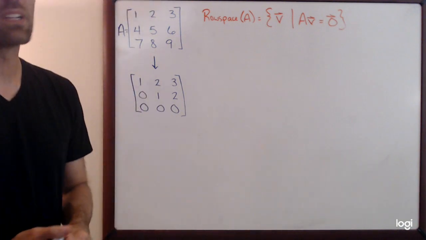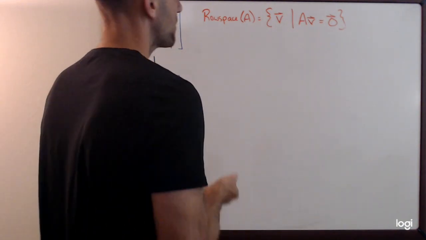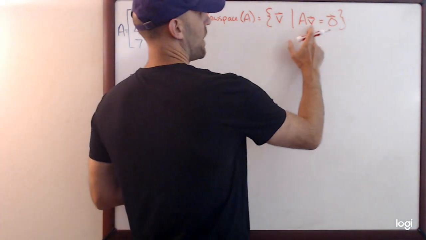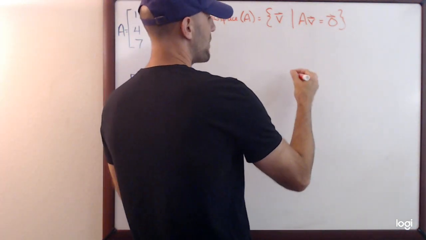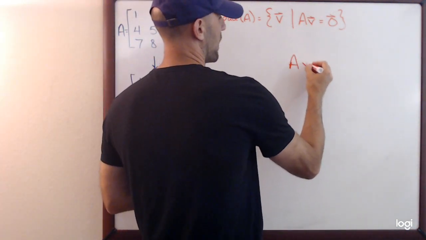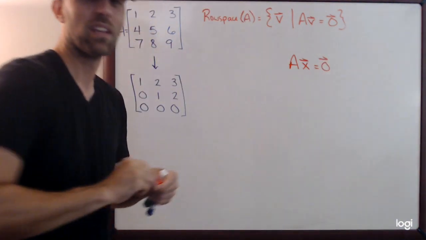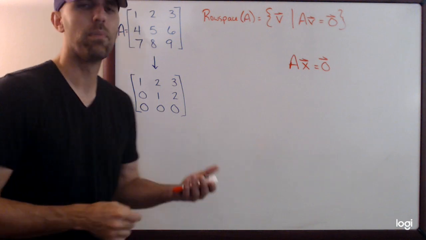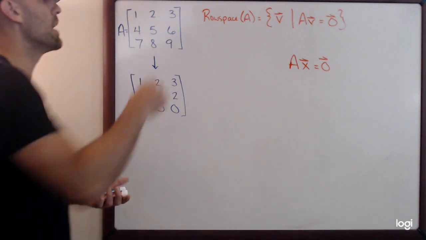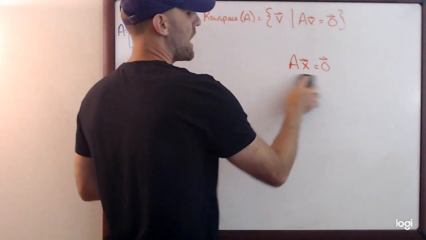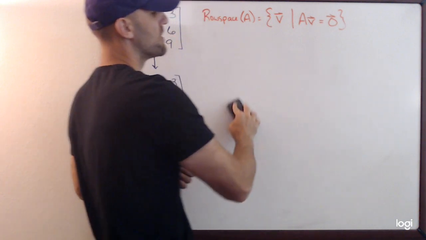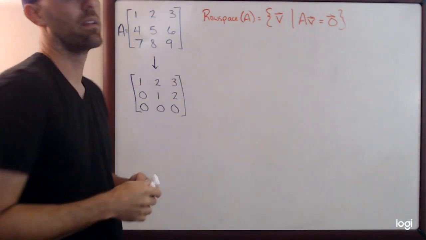But this might look a little familiar, yeah? A times V equals 0. Didn't we have something in one of our theorems that was like A times X equals the 0 vector? Yeah? Like the invertible matrix theorem? Yeah, we did. And in point of fact, remember this notation just represents a system, right?